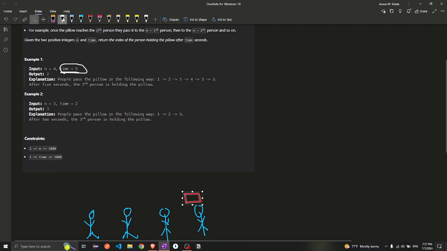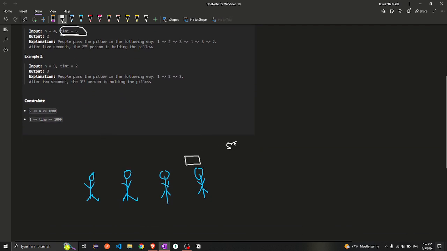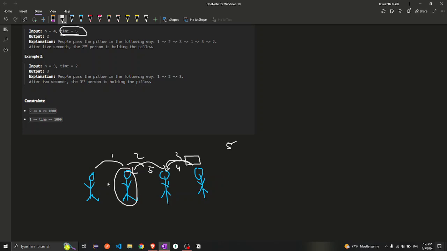So basically we have 5 seconds, right? It will take 1 second, this will take the second, this will take the third second, and then again this guy passes the pillow to this guy, and again this guy passes the pillow to this guy. So it will be 4 and 5. At the 5th second, when the 5th second finishes, the pillow will end up at this guy, right?